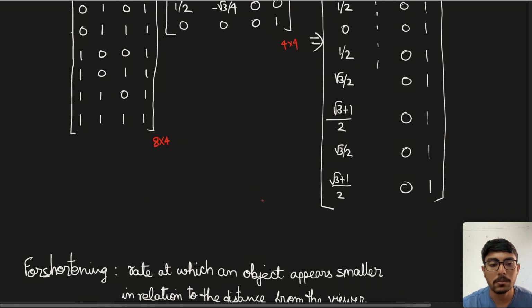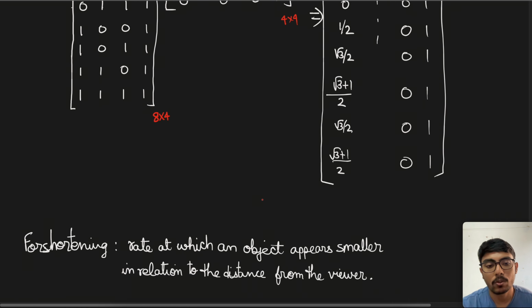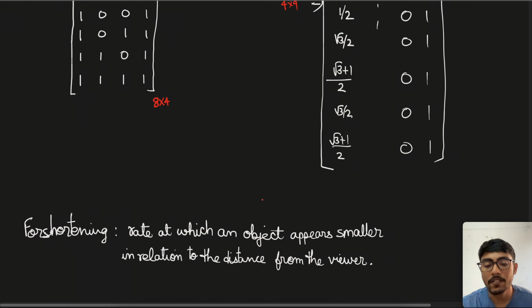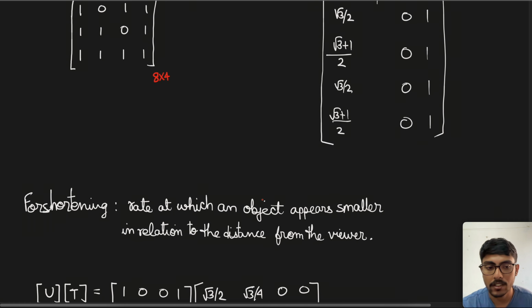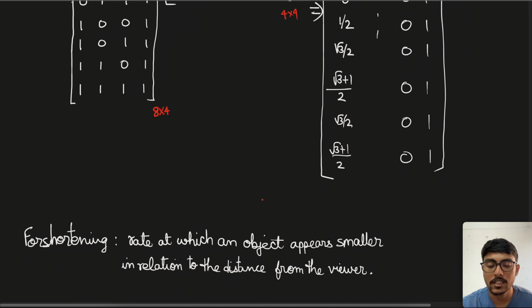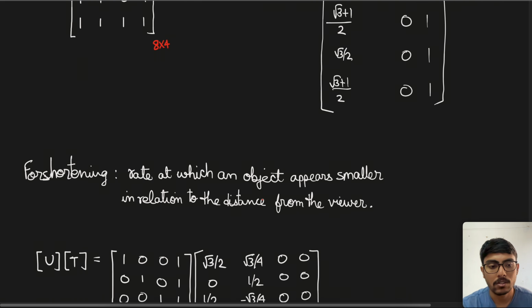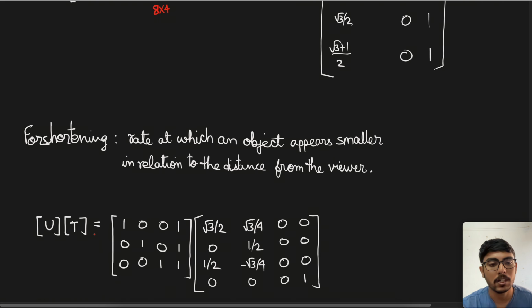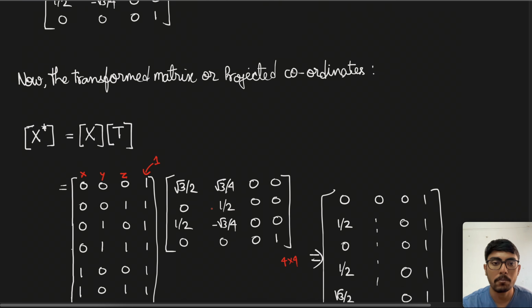Now coming to the next part, which is foreshortening. Foreshortening is the rate at which the object appears smaller in relation to the distance the viewer has from the object. It's a measure of that. Since the viewer can be at any angle, it is calculated for all three axes. For that, we first multiply the standard matrix with the transformed matrix that we had from above, like this one.